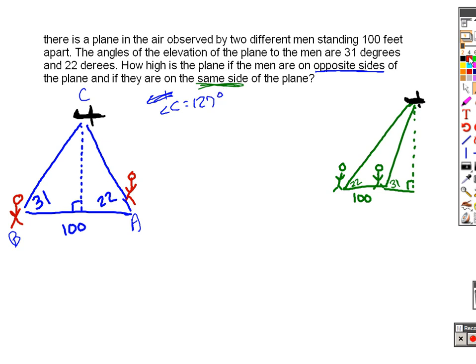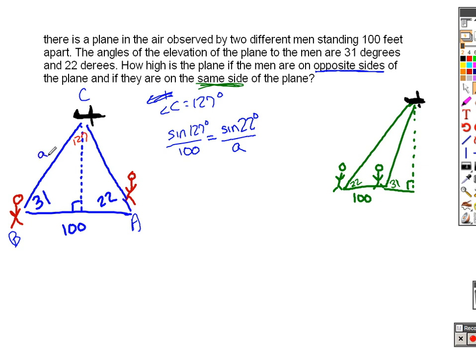So now if I know angle C is 127 degrees, I can make a good proportion here. I can say that sine of 127 over side C, 100, will equal sine of 22 over side A. It really doesn't matter which angle I use. So I'm going to be finding this side over here.